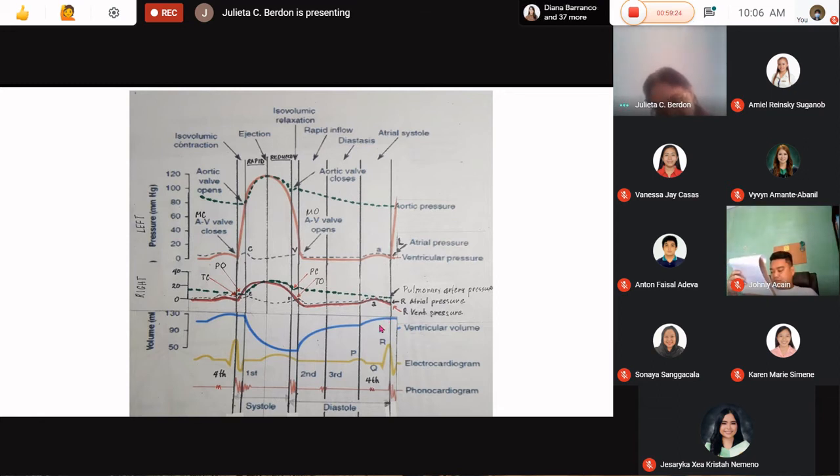So this represents 20% of the end diastolic volume. Okay. And then immediately, atrial contraction is immediately followed by ventricular contraction. So we are back here. Ventricular contraction naman po.